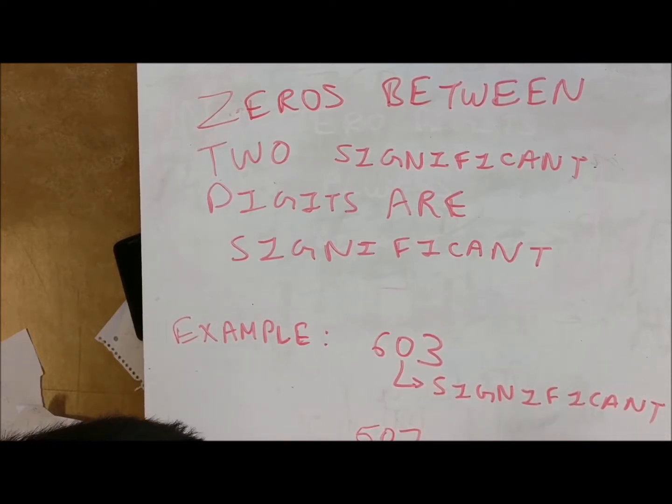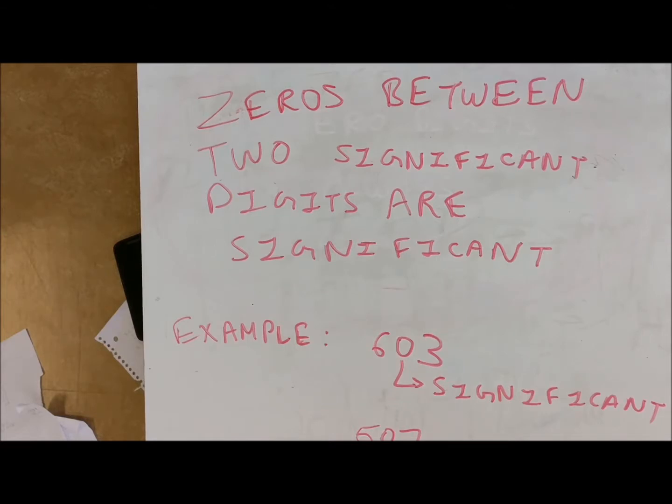For example, 603. 6 is significant and 3 is significant, so you have to make sure that 0 is also significant because it is trapped between two significant figures, which makes 603 3 sig figs. And the second example is 507. 7 is significant and 5 is significant, which makes the 0 in between significant because it's trapped between the two significant figures.